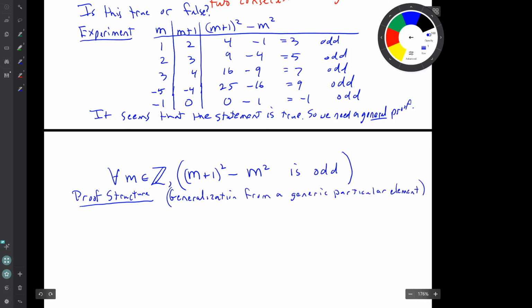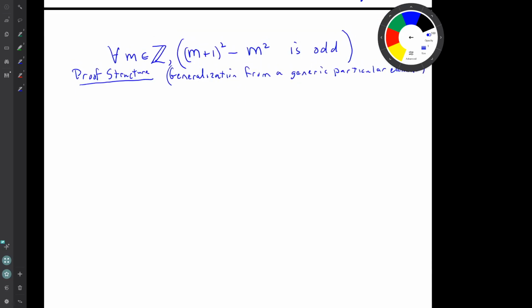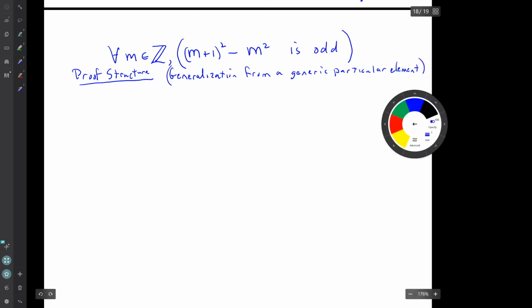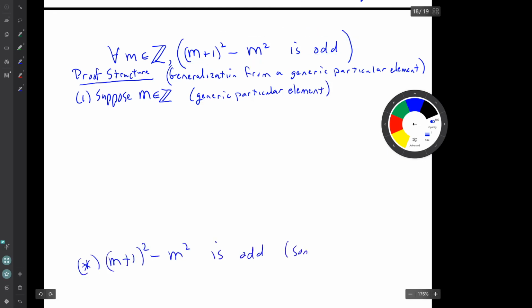So how does that proof structure go? Well, remember that it starts by saying, suppose that you have some randomly chosen element of the domain. And the proof has to end by having this statement with some justification. And that'll be the end of the proof.